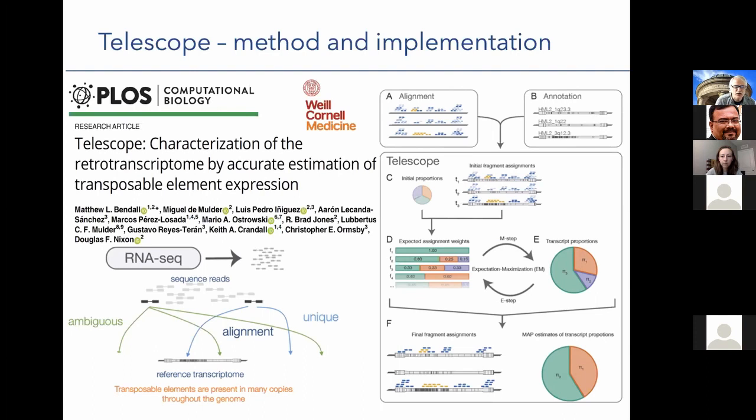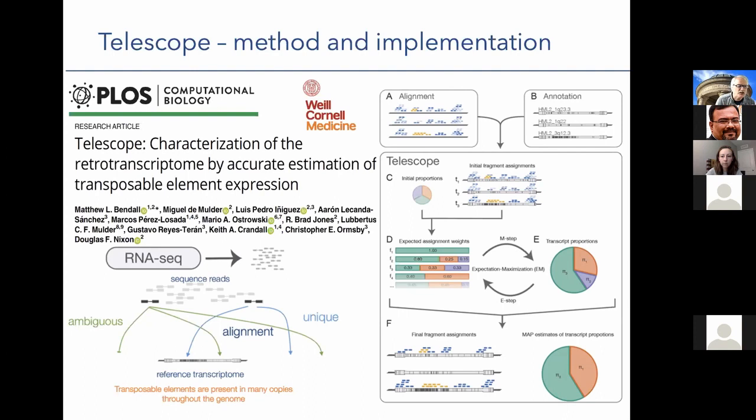Again, you have the same problem that most software out there that tries to do this either maps unique reads and throws away ambiguous reads, or maps them all together, in which case they get no differentiation.